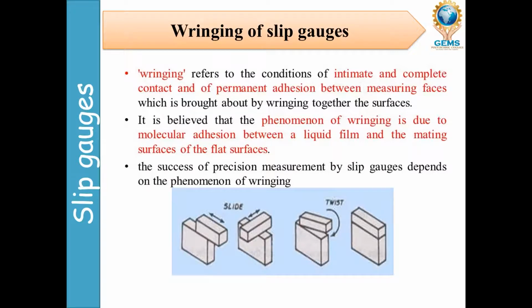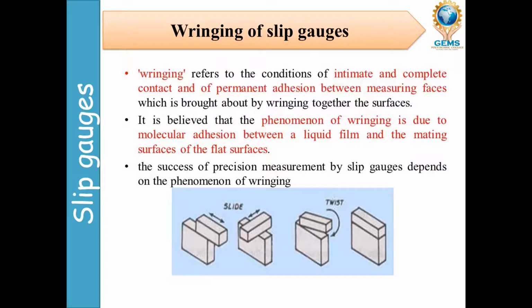So we have to ring the slip gauges. By this ringing process only will we attach the slip gauges, because we don't need to apply any clamps and everything. Using the ringing process only, we can combine the slip gauges.